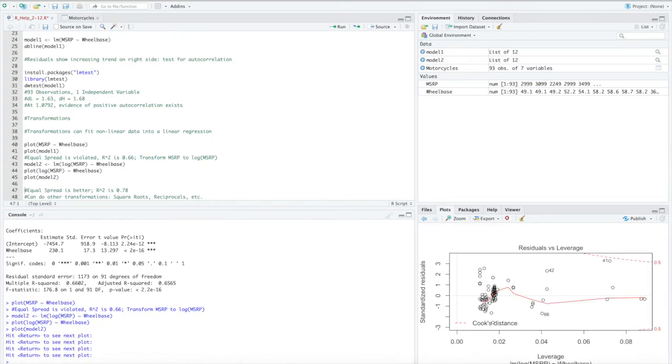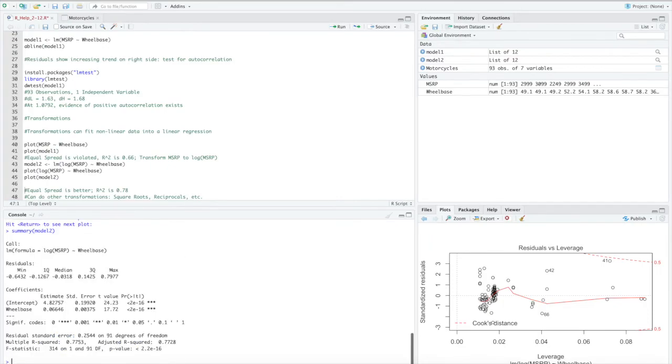When we run a summary of Model 2, we see that our R² value is 0.7753, which is much better than the first one of 0.66. It accounts for more variation, and that is what we're looking for when we run a transformation.